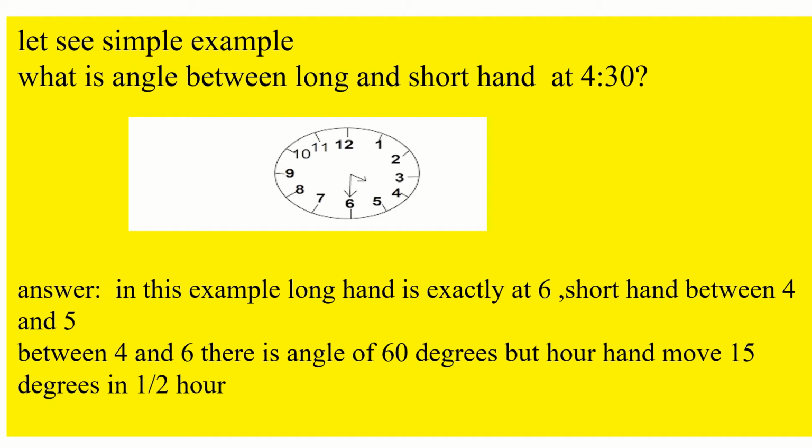In this 60 degrees, the hour hand will also rotate. Remember that point. How many degrees will the hour hand rotate? Because it is half an hour, the hour hand will rotate 15 degrees. Means you have to subtract 15 degrees from the 60 degrees. So in total you get 45 degrees. So at 4:30, you get an angle of 45 degrees.